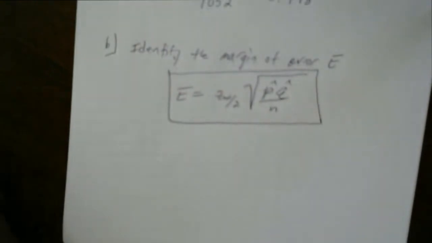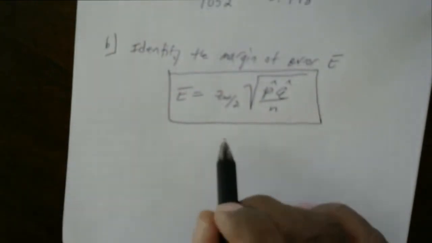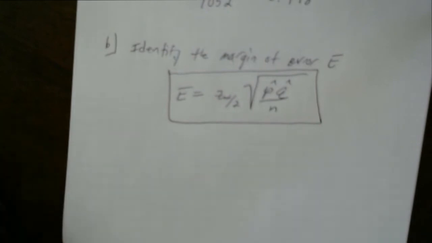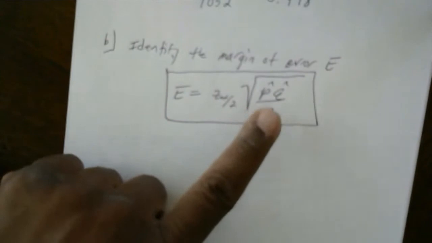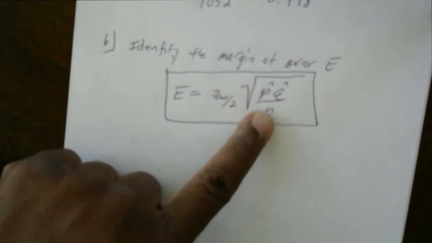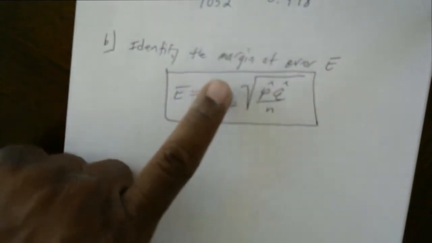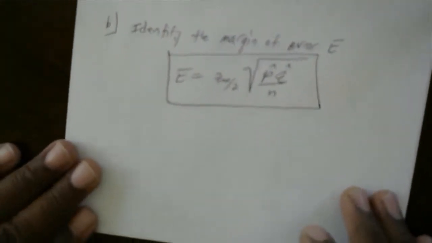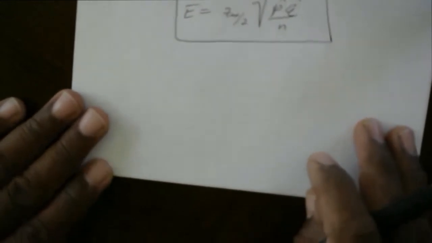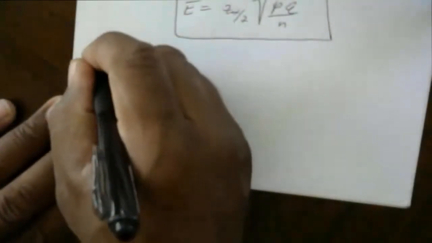In this formula, we need the Z alpha over 2 value. We need P hat, which we found in the previous calculation. We need Q hat, which we can find as 1 minus P hat. And we also need N, which is 1052. I'm going to do those things here.